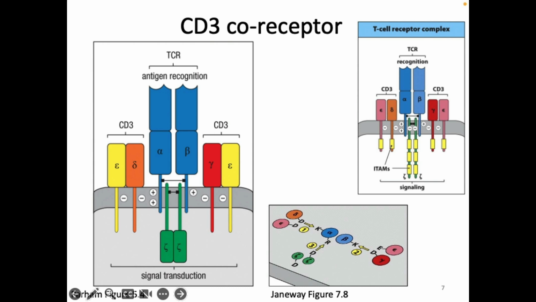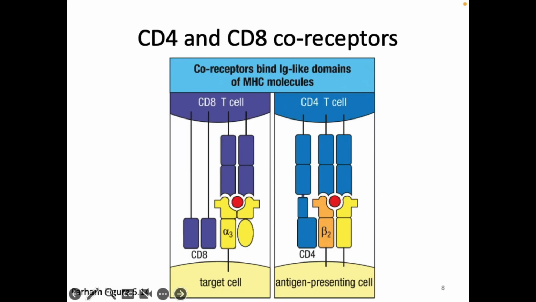We can also think about one other part of the co-receptor for the T cell receptor. What you can see is that the T cell receptor really couldn't send a signal without CD3. So that's kind of what co-receptor means: it's part of sending that original signal. The other part of the co-receptor is either CD4 or CD8. We've already seen CD4 and CD8 when we talked about MHC class 1 and MHC class 2.